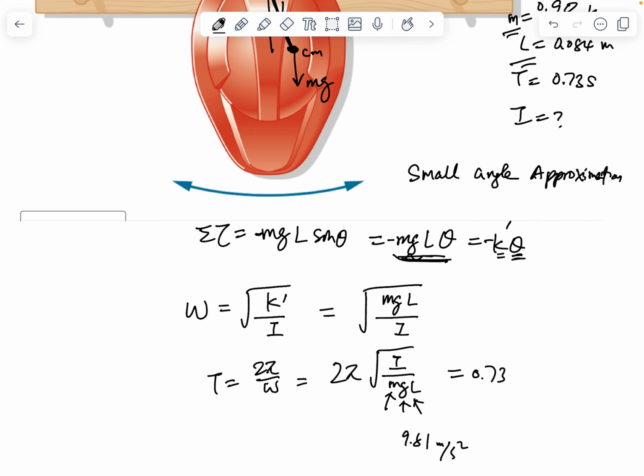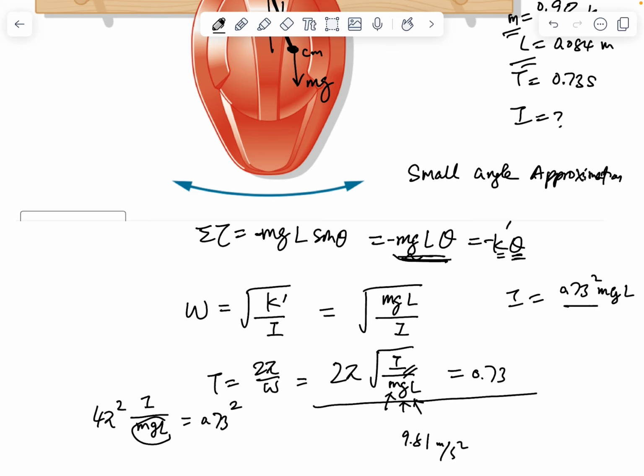Then from this equation, you figure out the moment of inertia I. Square both sides: 4 pi squared I over mgL equals 0.73 squared. Then move everything to the other side, so I equals 0.73 squared times mgL divided by 4 pi squared.